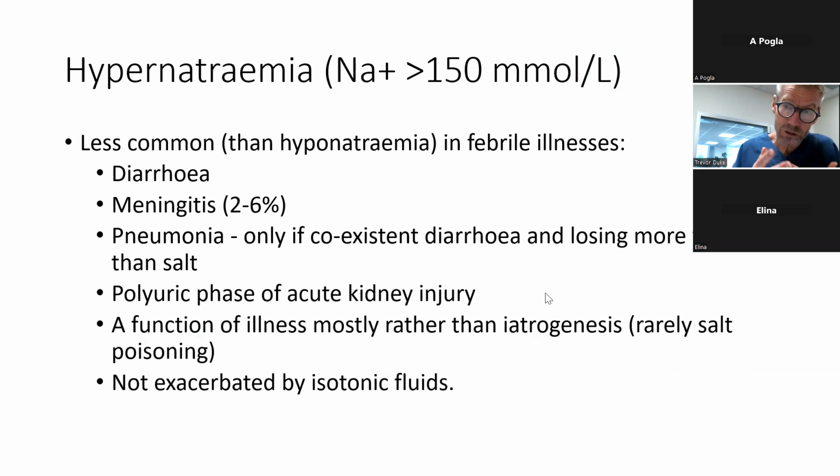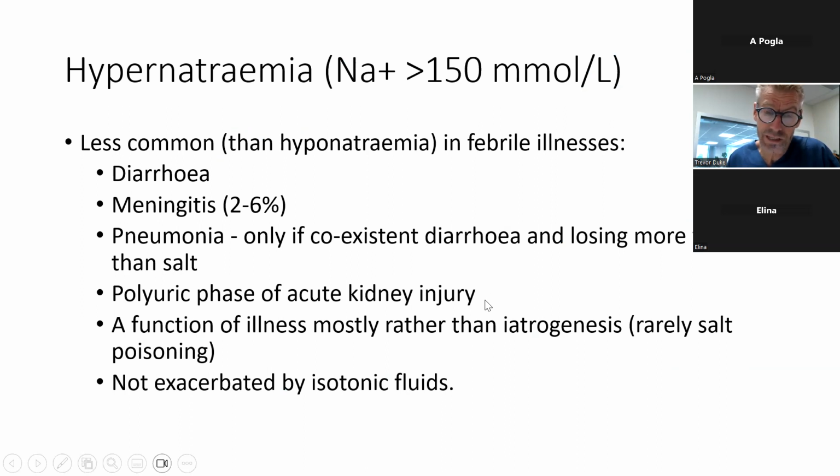Especially if they've got diarrhea and they're losing a lot of water and not as much salt, then their serum sodium will go very high. But it really only occurs in 2 to 6% of meningitis. It only occurs in pneumonia if there's coexistent diarrhea.